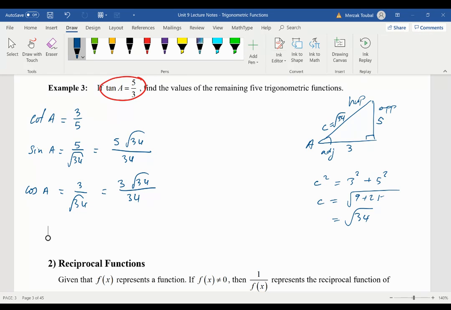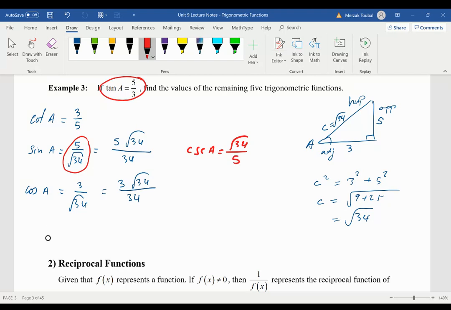So far we have tangent, cotangent, sine, and cosine. We need secant and cosecant. With secant and cosecant, we just simply take the reciprocal of sine and cosine. Cosecant of A is the reciprocal of sine, so we take the reciprocal of 5 over root 34, which is root 34 over 5.